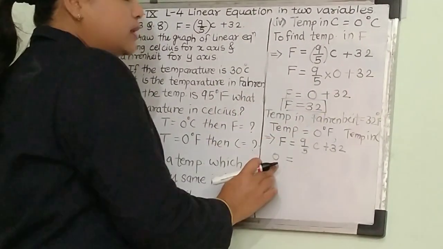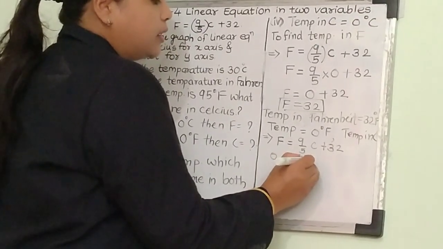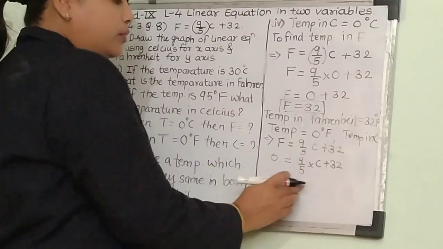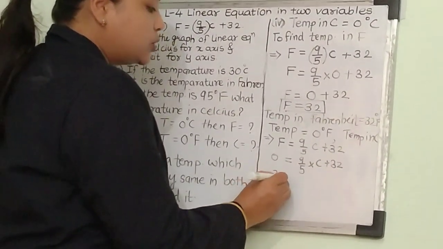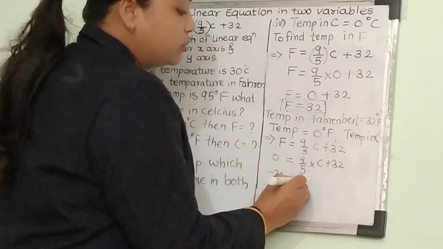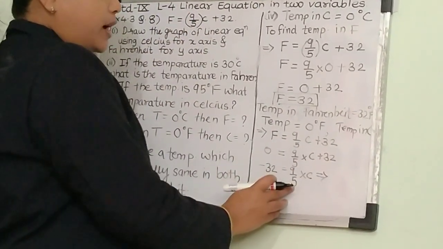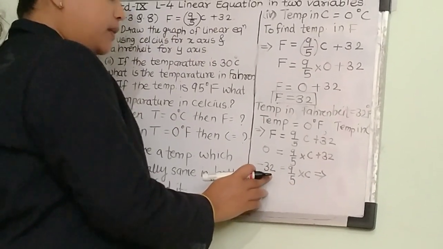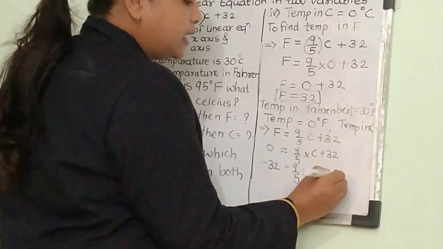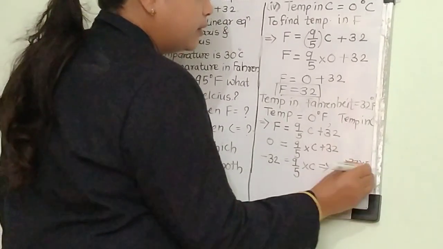So 0 equals 9 upon 5 into C plus 32. So 32 will come to this side, it becomes minus. So 0 minus 32, it will be minus 32, equals 9 upon 5 into C, which implies that 5 is here divide, this side goes multiply, and 9 is here multiplied, this side goes divide. So we can say that C is equal to minus 32 into 5 upon 9.